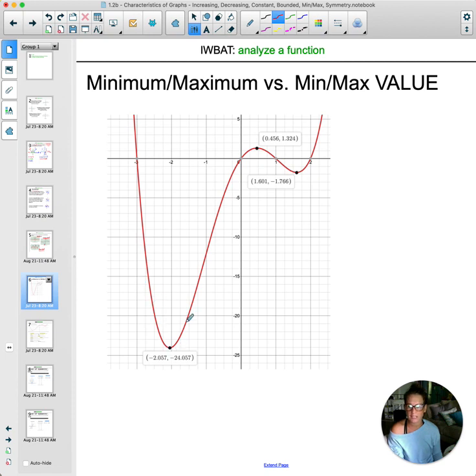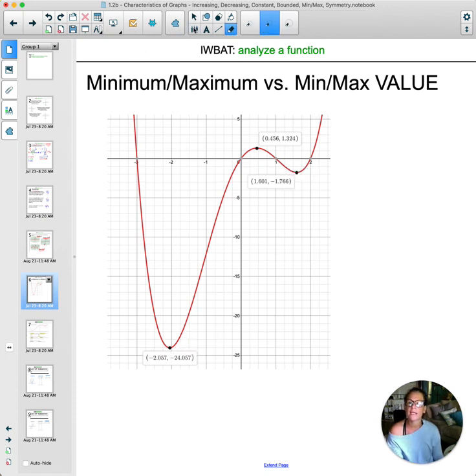Decreasing to increasing is a local min, increasing to decreasing is a local max. Here, this is the absolute min of this function. There's nothing that can go lower than it. This one is considered a local minimum because there are smaller values than it, but it does switch from increasing to decreasing right there.